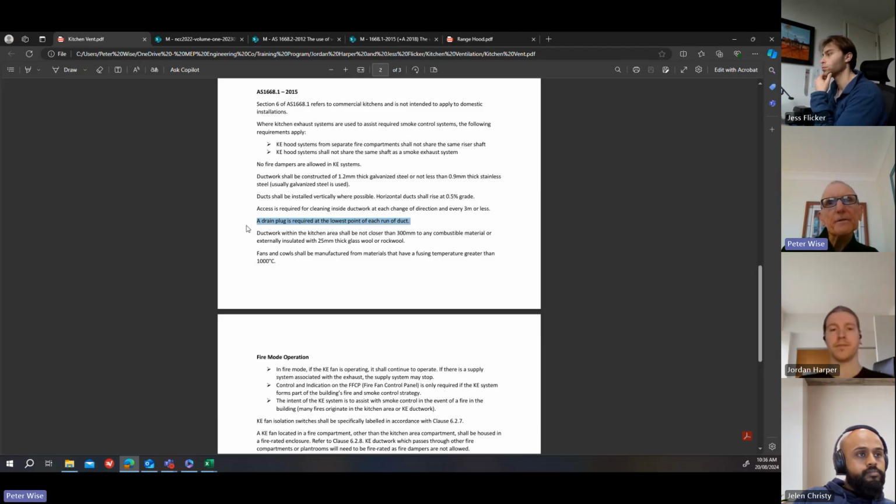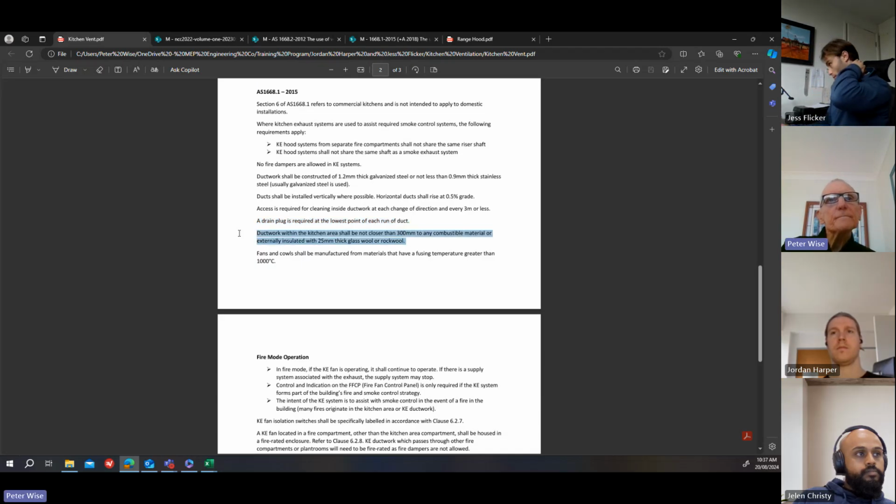You may not need it. If you're coming off the top of an exhaust hood straight through a roof, if the roof's over the kitchen, you're going straight through the roof to an exhaust fan, then you won't need a drain plug because any grease will drain back into the hood. But if you've got a bit of horizontal duct and then you go up, then you'll need a plug at the bottom of the riser.